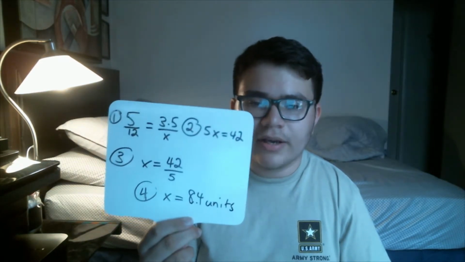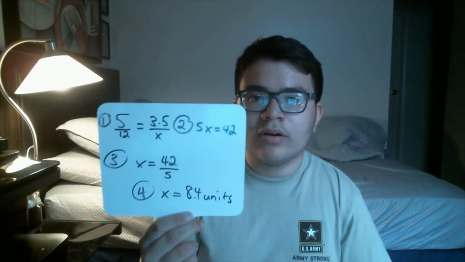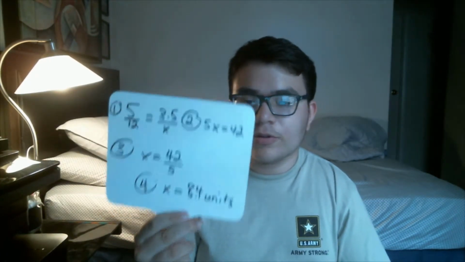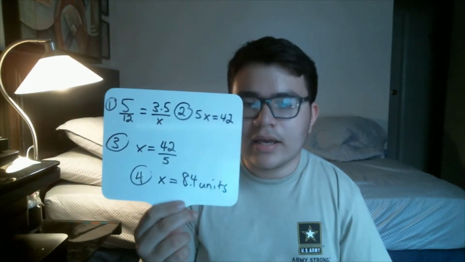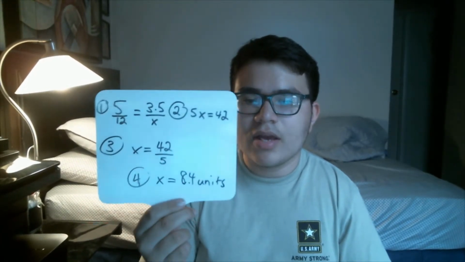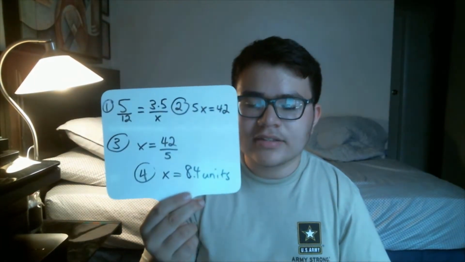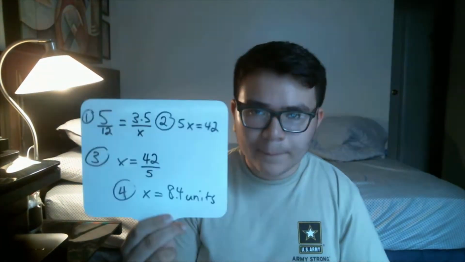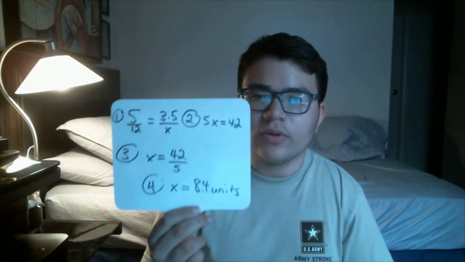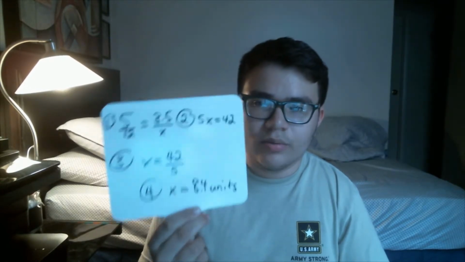We cross multiply in order to get 5x equals 42, 42 being 12 times 3.5. With that, we divide 5 from both sides, and get x equals 42 over 5, and we simplify it by making it x equals 8.4. And always remember to label. In this case, there was no unit of measurement, so we will just use units.